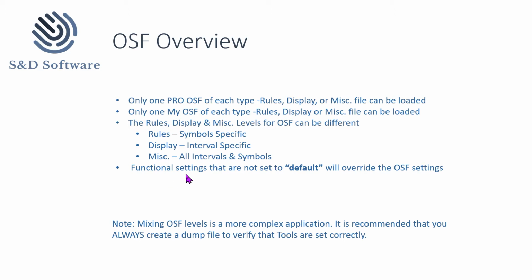The functional settings that are not set to default in your tools will override any OSF settings that flow from a Pro or My OSF, and we're going to take you through that in a little more detail. Note, if you are mixing different levels of OSFs, it's a more complex application. It is highly recommended that you always create a dump file to verify that the tools are set correctly as you intend.